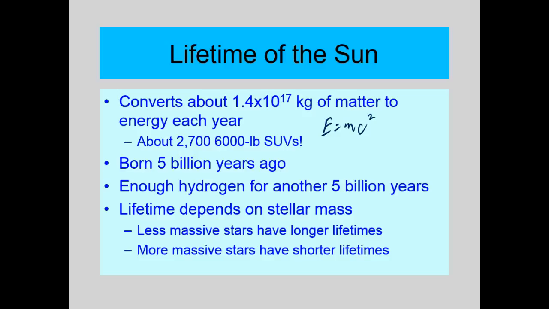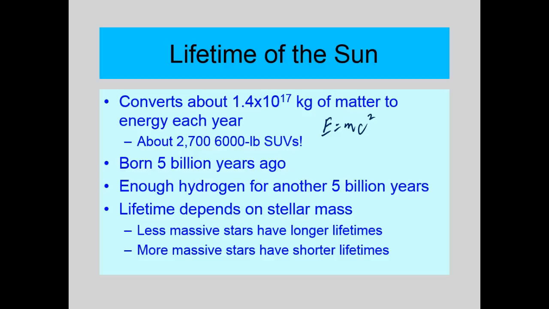That's how much energy has been put out by the sun every year. And every year it's taking about that many kilograms of matter. Now that's about 2,700 3-ton SUVs. That's how much matter is becoming energy every year from our sun.